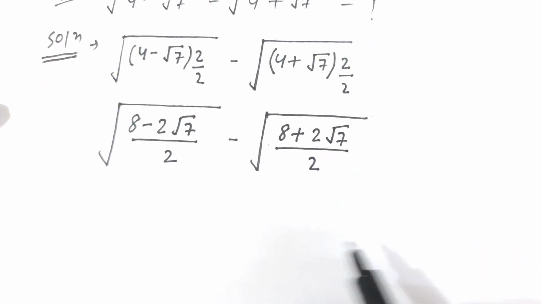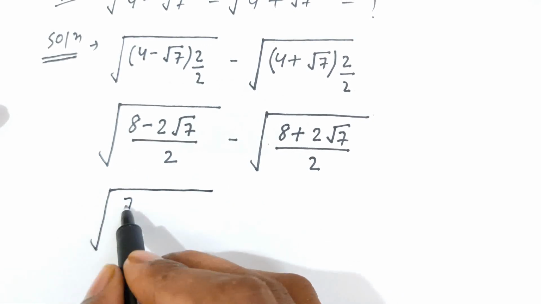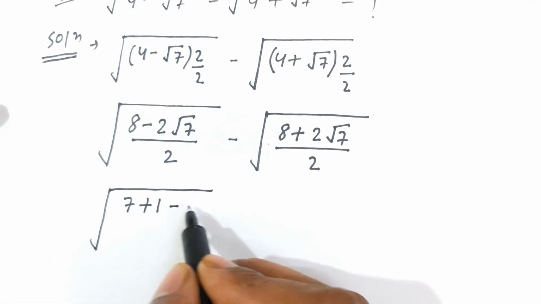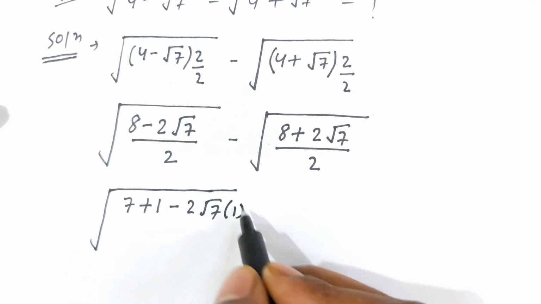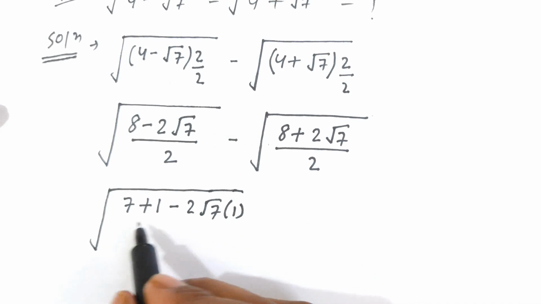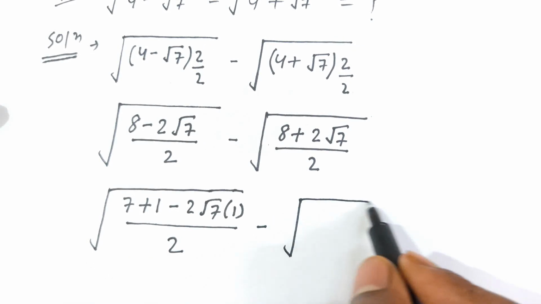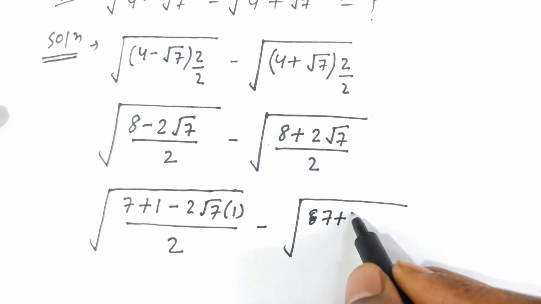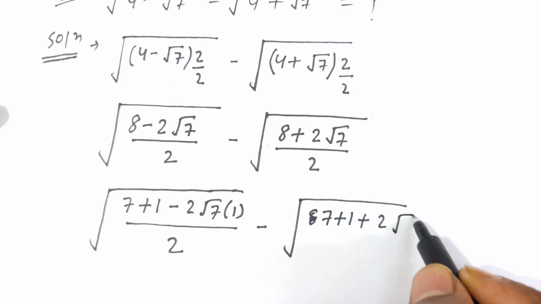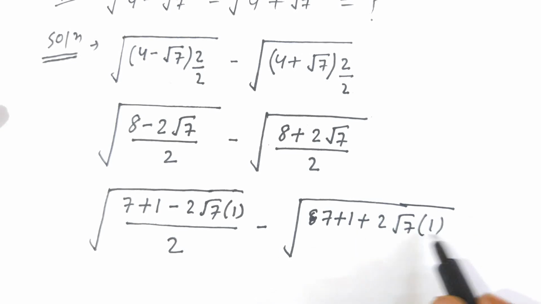Now this 8 is same as 7 plus 1 minus 2 times square root of 7, and here if we multiply by 1, then number is not changed, and divide by 2, minus square root of this 8 is same as 7 plus 1 plus 2 times square root of 7, and here if we multiply by 1, then number is not changed and divide by 2.